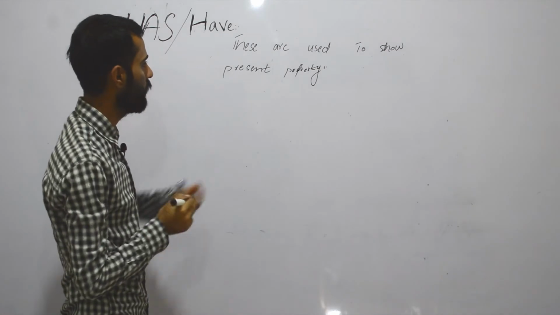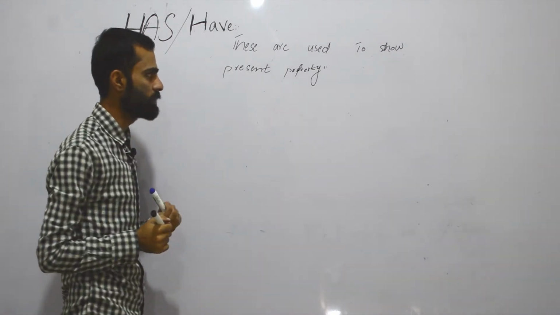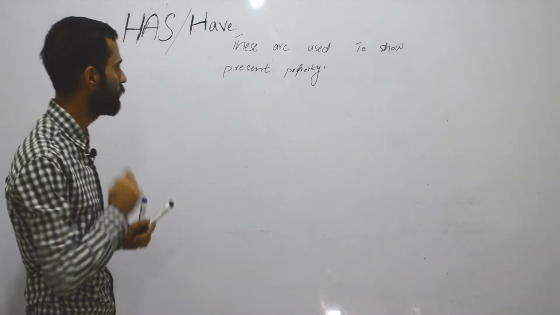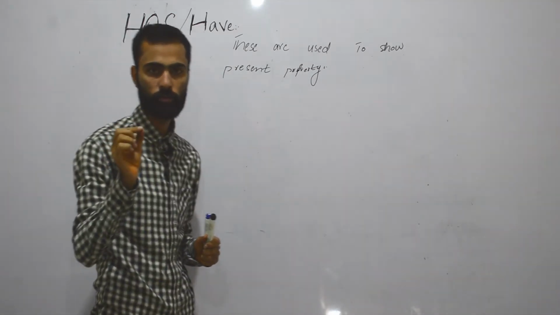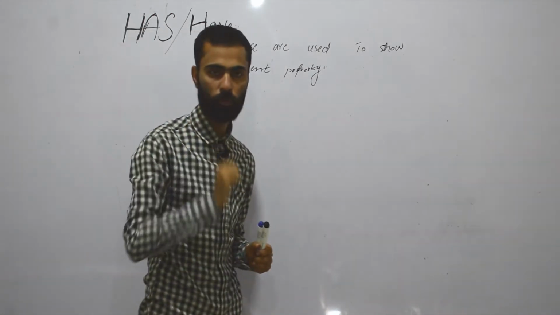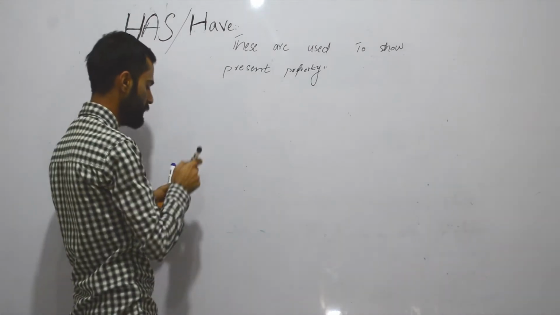Has and have are used to show present property. These both are verbs. These both are used for property. Example is there.